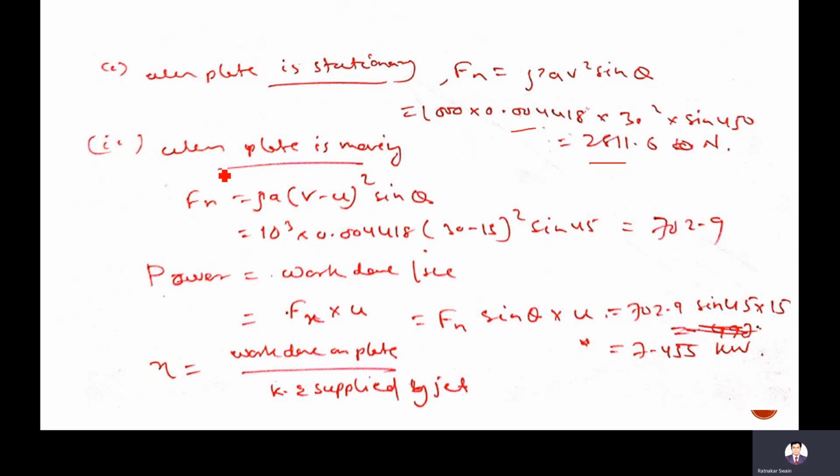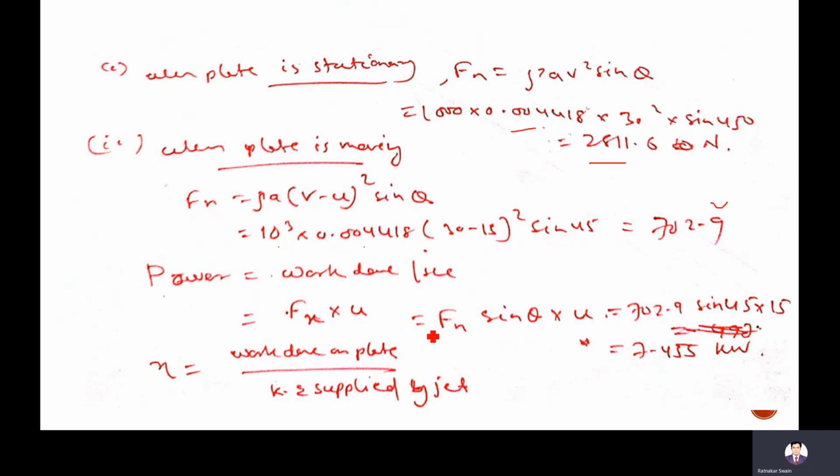In the second case, when the plate is moving, Fn is rho a (b minus u) whole square sin theta. It is the same formula, only instead of b you write b minus u. So rho is 1000, a is already calculated, b minus u is 30 minus 15 whole square, sin 45. Power is work done per time, which is Fx into u, Fn sin theta into u.